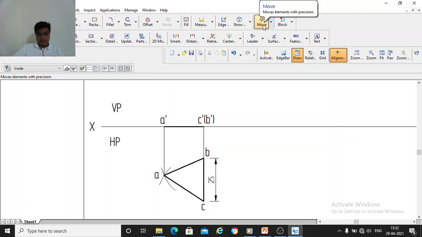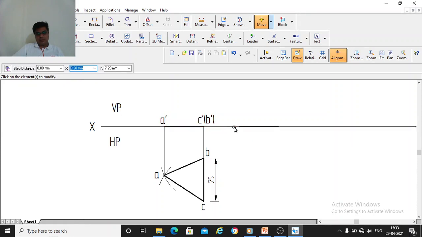I will select this line and redraw it here, leaving a small gap in the second stage.